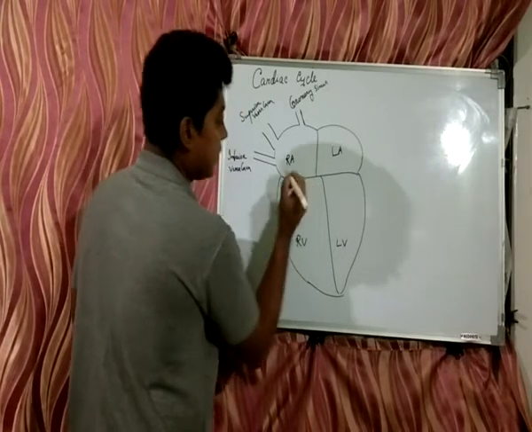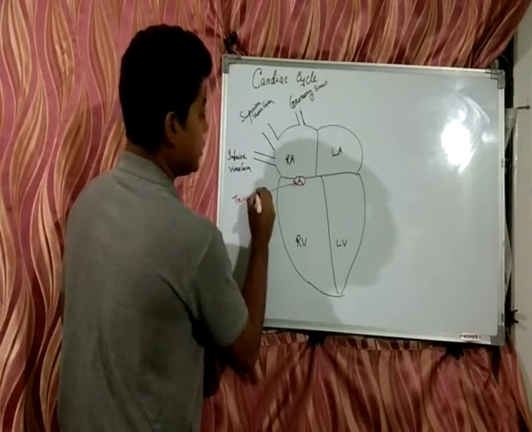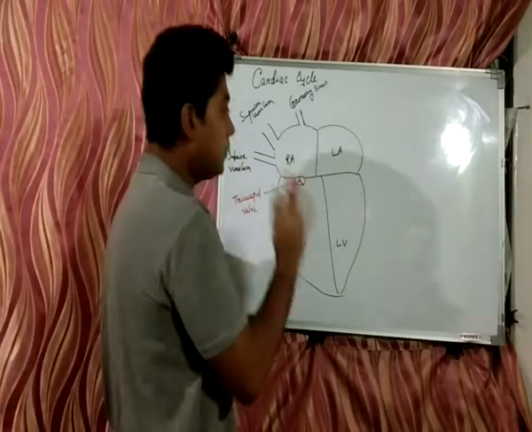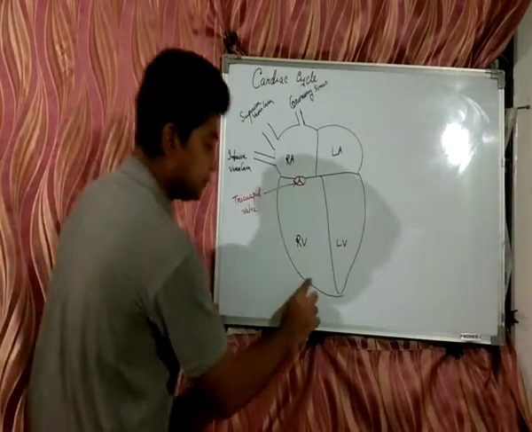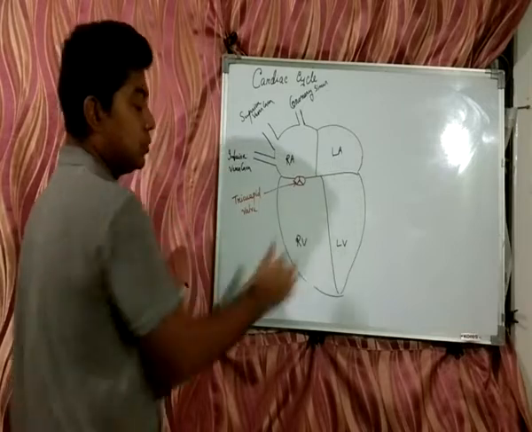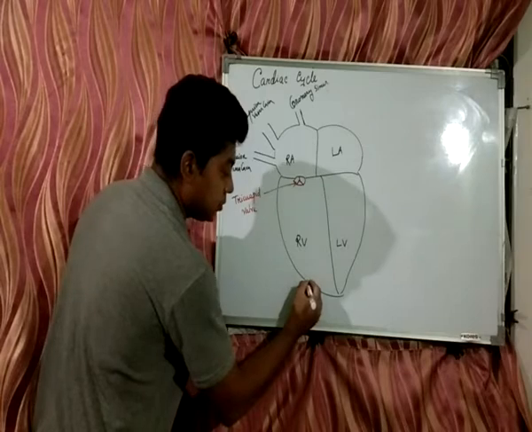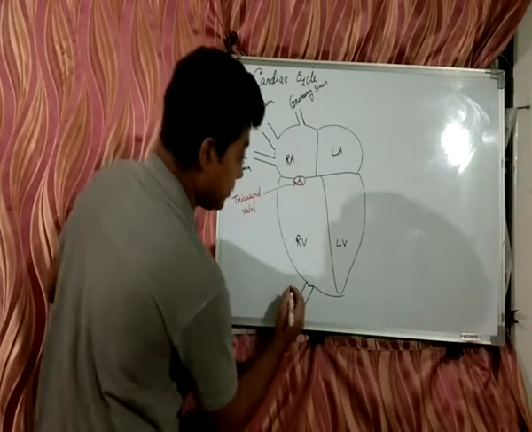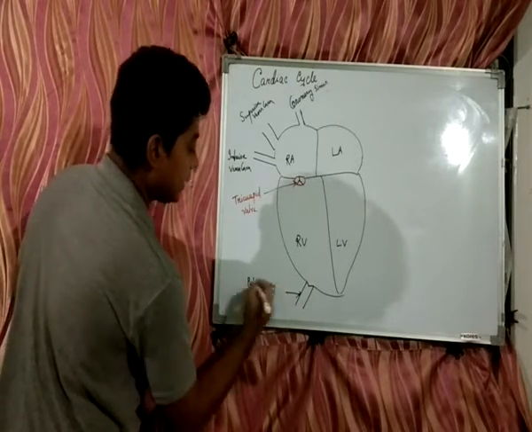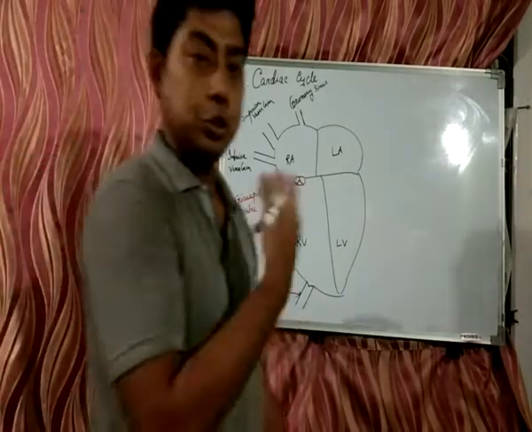After passing through the tricuspid valve, the blood moves to the right ventricle, and from the right ventricle it moves to the pulmonary artery. This carries the deoxygenated blood to the lungs.